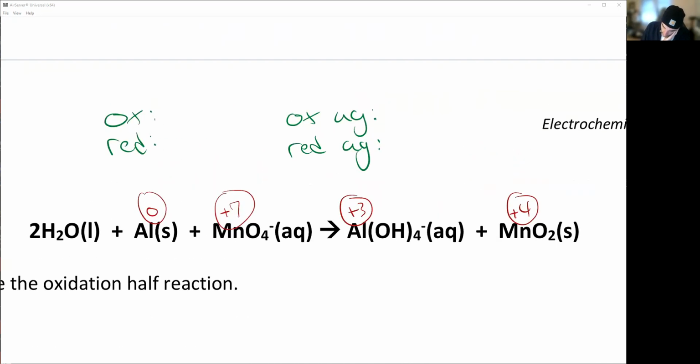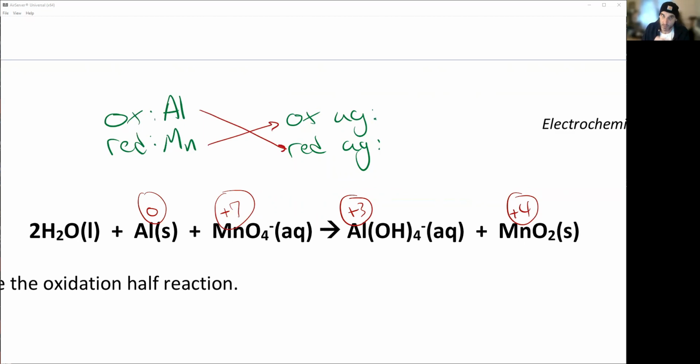All right, so the thing that is oxidized: aluminum goes from 0 to +3. So the aluminum is the thing that is oxidized. The manganese goes from +7 to +4, so it's the thing that is reduced in oxidation state. And therefore, if manganese is reduced, whatever contains manganese is the oxidizing agent.